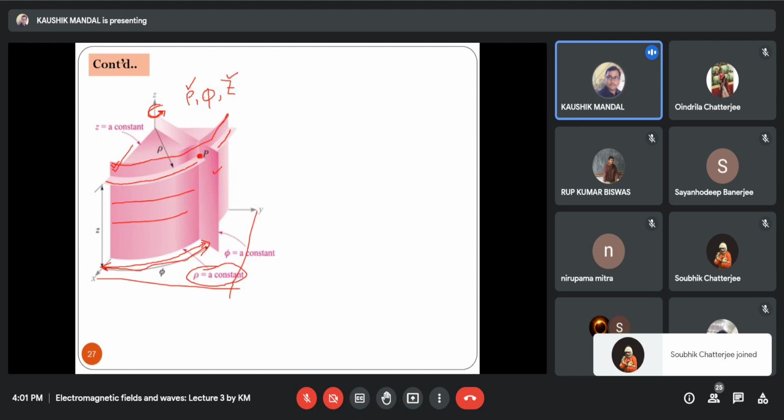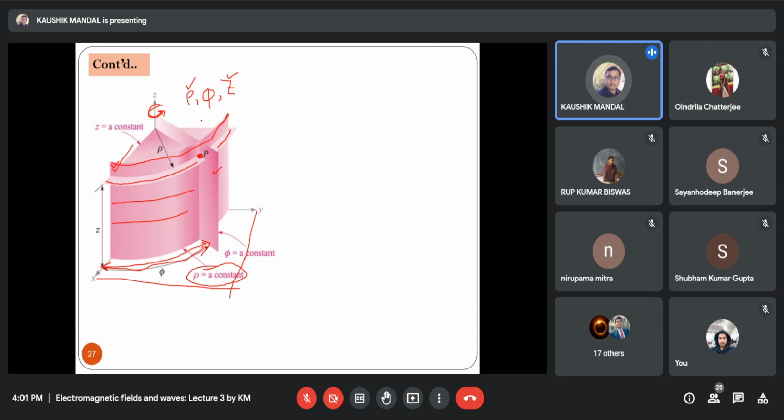So in the cylindrical coordinate system, we can represent a particular point P by rho, phi, Z, where rho is the radius, Z is the value along the Z axis, and phi is the angle of the plane of rotation, that is the angle made with the axis X.